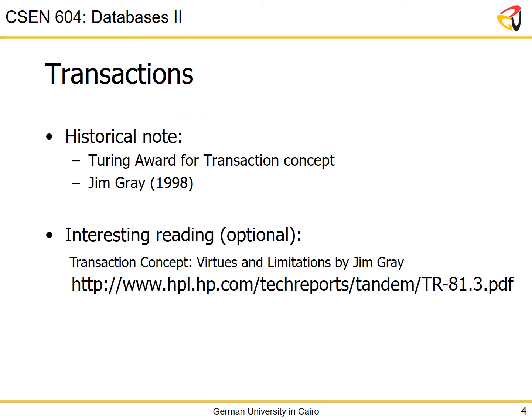Now, we have to give due respect to this whole notion of transactions, because when transactions were invented back in 1998 by Jim Gray, it was a major milestone in the history of computer science. In fact, he got the Turing Award for its development. And if you know the Turing Award, this is basically the equivalent of the Nobel Prize in computer science. I've put a link to the original paper that he wrote and for which he got the Turing Award.